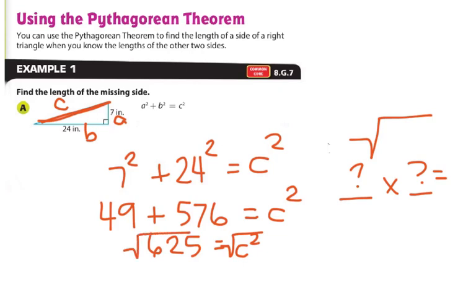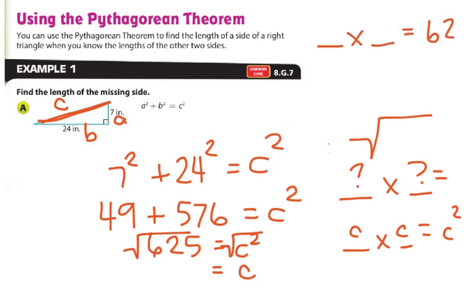The square root of c squared, I'm going to say what times what equals c squared. Well, c times c equals c squared, right? So the square root of c squared equals c. And the square root of 625, what times what equals 625? Yeah, 25. So 25 times 25 equals 625. So that side, c, is 25 inches.